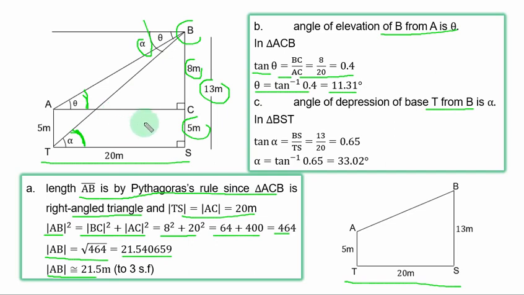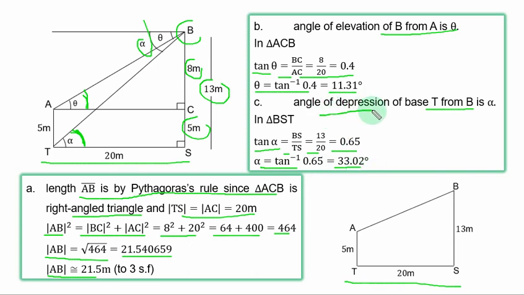So we have the required angle. BS is opposite, TS is adjacent, so you have tan alpha equal to BS over TS, and that is 13 over 20. You have 0.65. To get alpha, take the inverse of tangent of both sides, and you have 33.02 degrees.